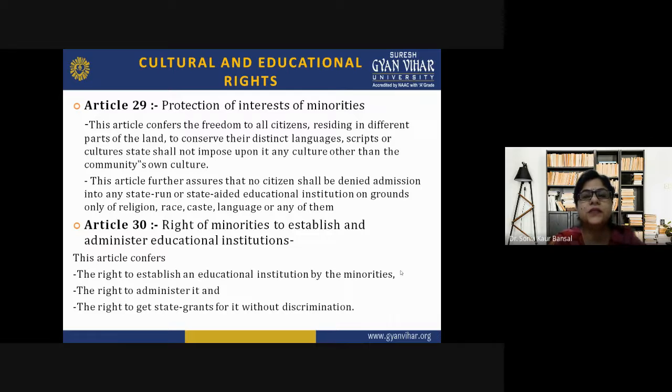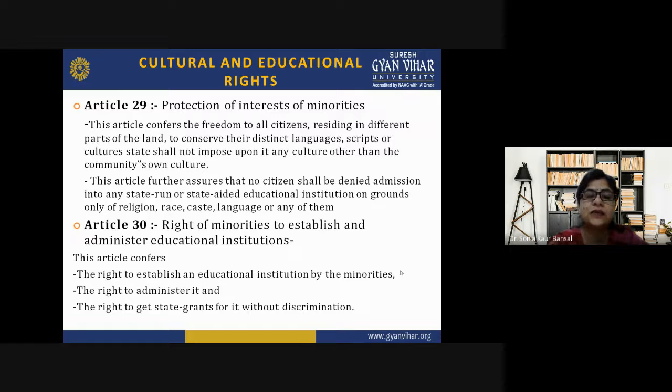Now students, two very important articles are related to cultural and educational rights, and they are Article 29 and Article 30. Article 29 deals with protection of interests of minorities.